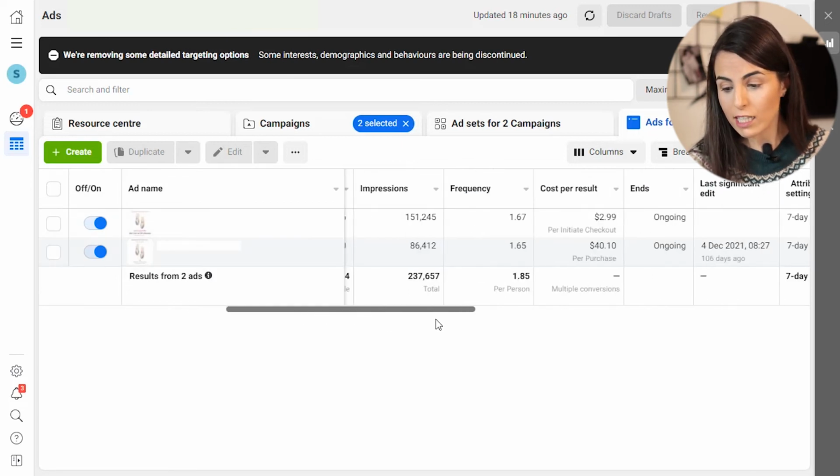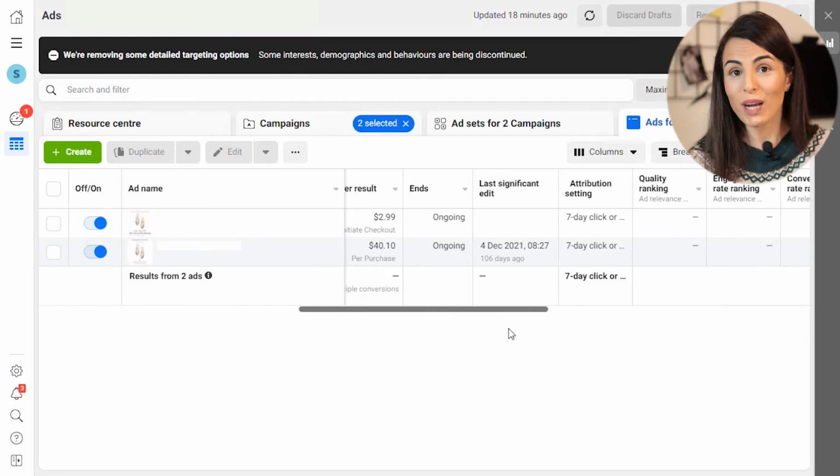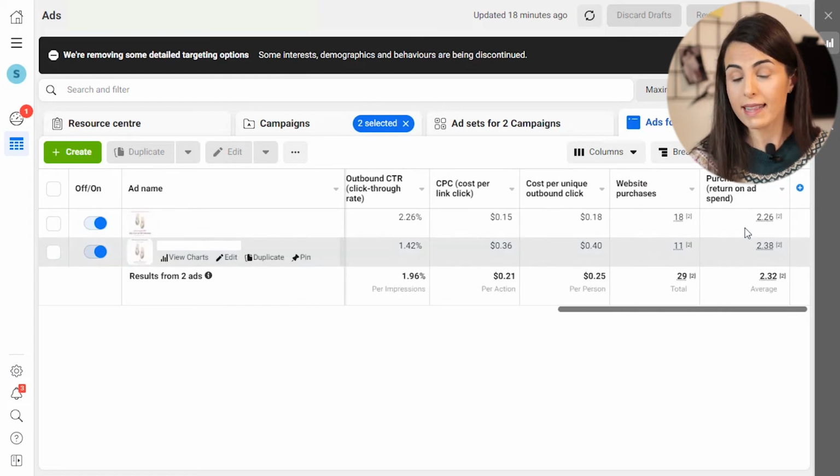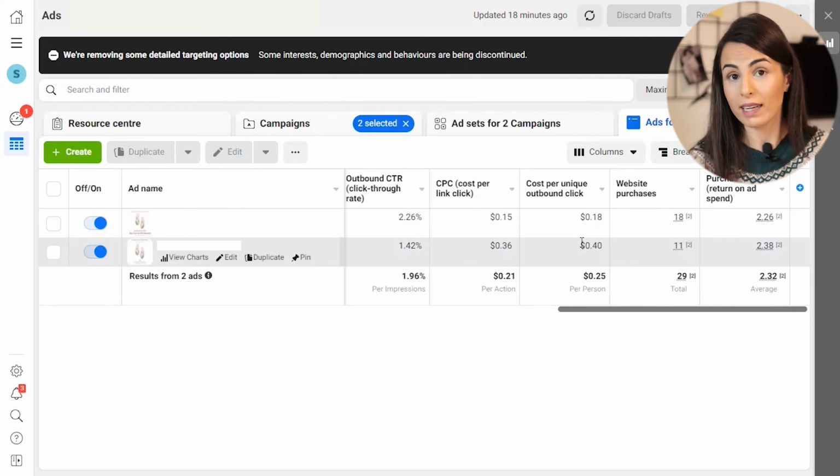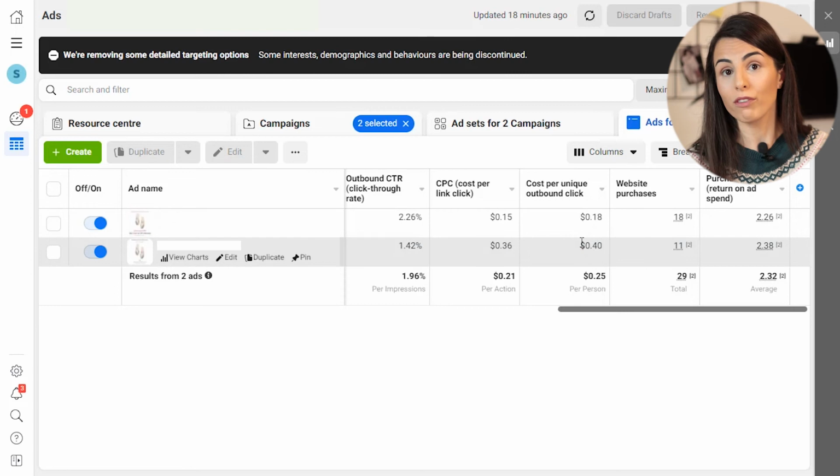So as you can see, each of these metrics tells you a different story, and each of these metrics is important. When you start in here with the ROAS, it tells you if your ads are making money or not. Then when you move to the cost per unique outbound click, it tells you how much you are paying for each click.